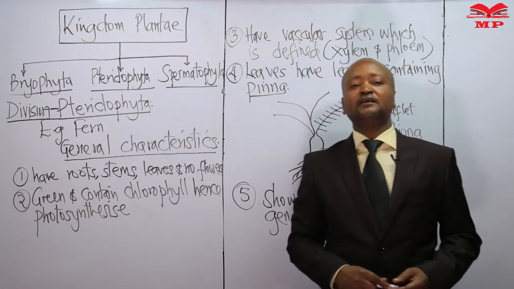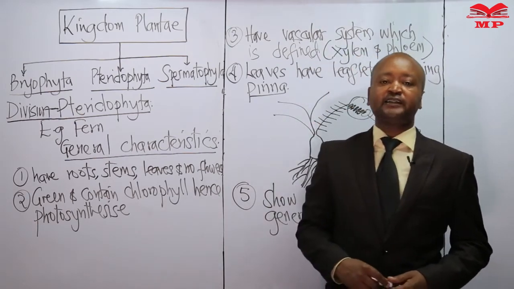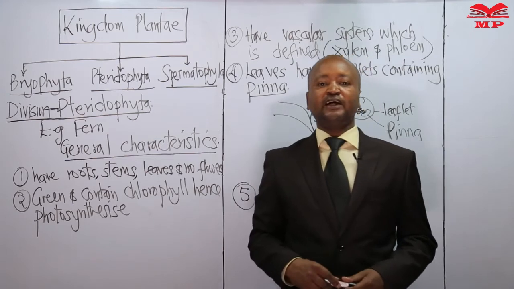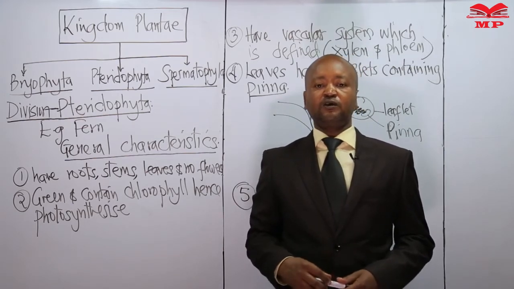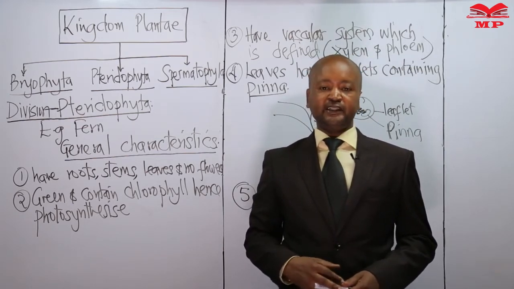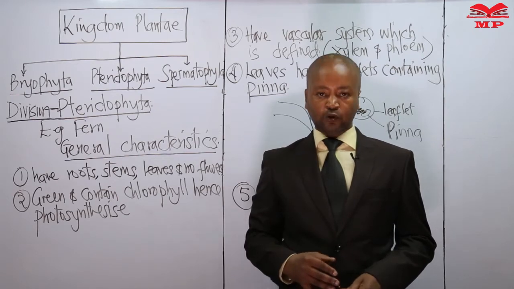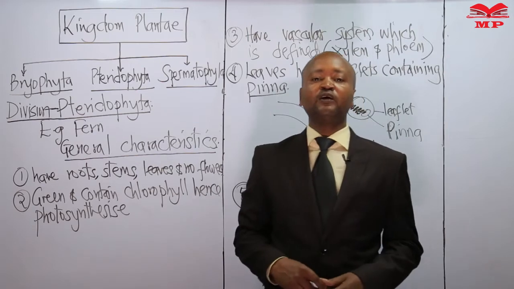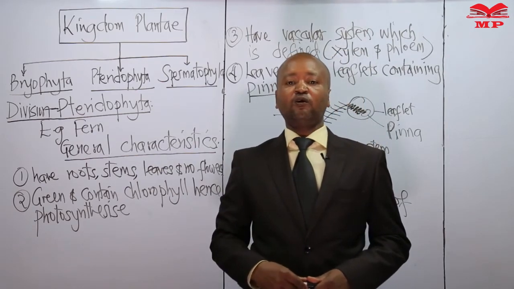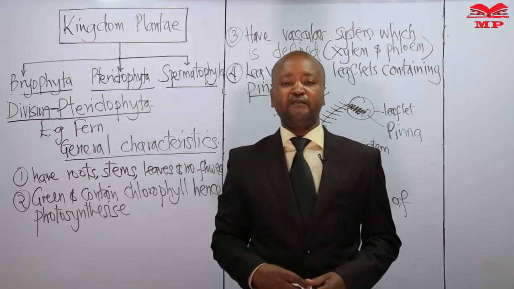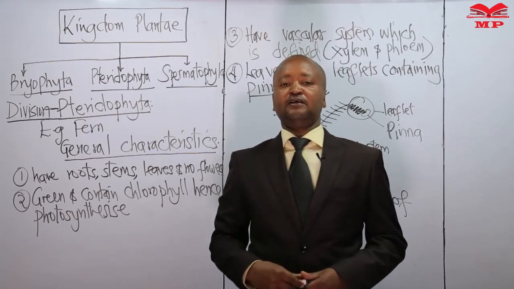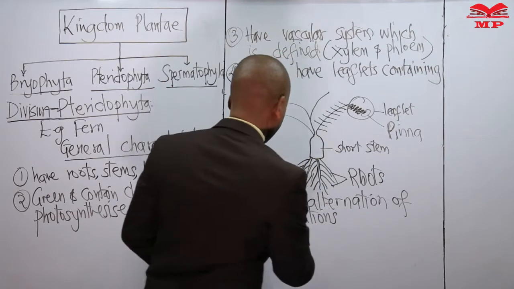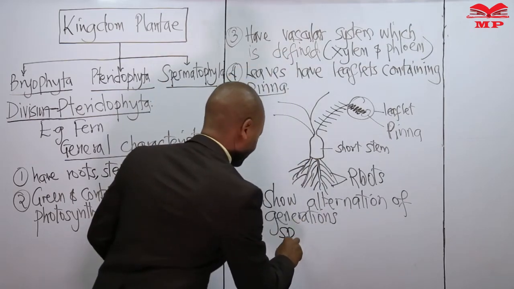It has the main part, which is the sporophyte, and the other part, which is the gametophyte. The sporophyte has what we call sporangium, and the sporangium is where we have the spores. The sporangia collectively on the leaflet are called a sorus, and if there are many, they are called sori.